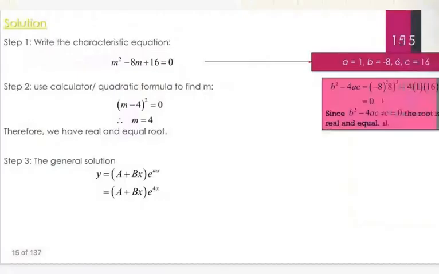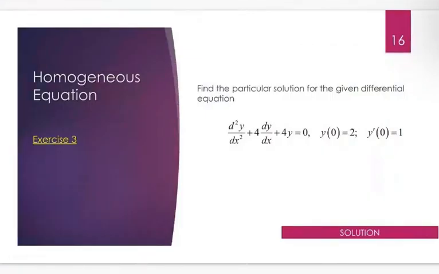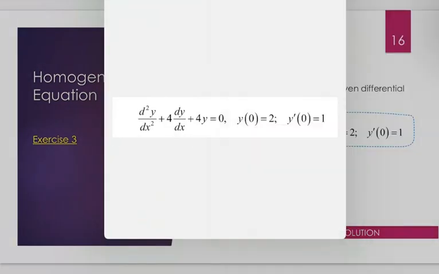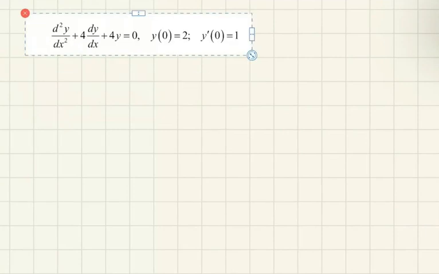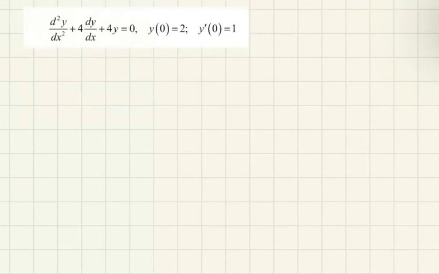Okay, let's try one with initial conditions. So this one: d squared y over dx squared plus 4 dy over dx plus 4y equals 0. We are given two IVPs. First one, y(0) equal to 2. Second one, y'(0) equal to 1. So you must differentiate the solution to get this second IVP.